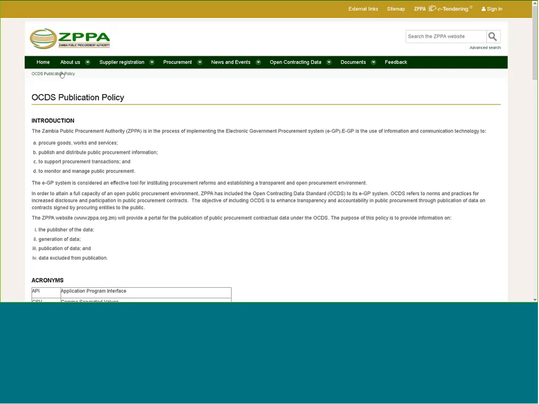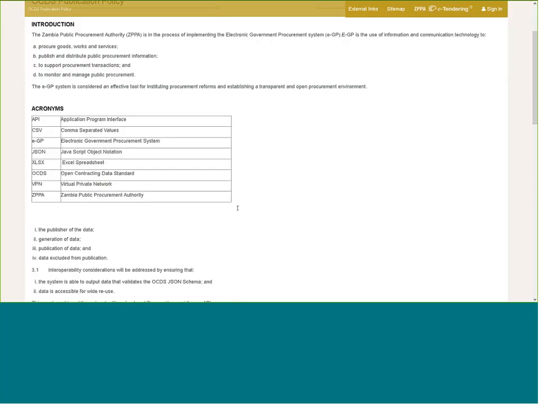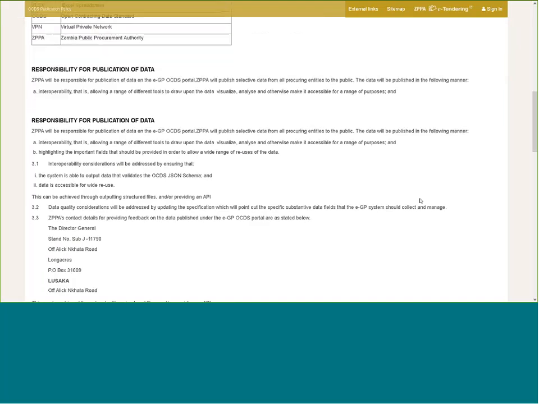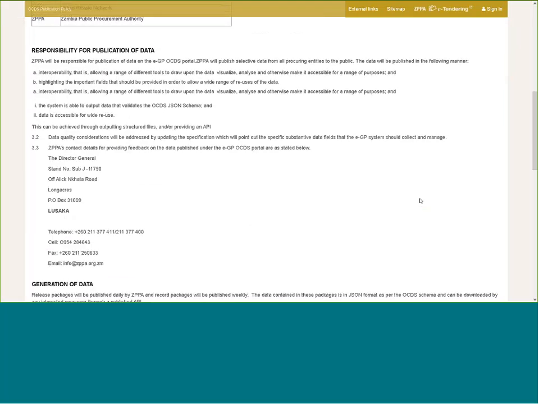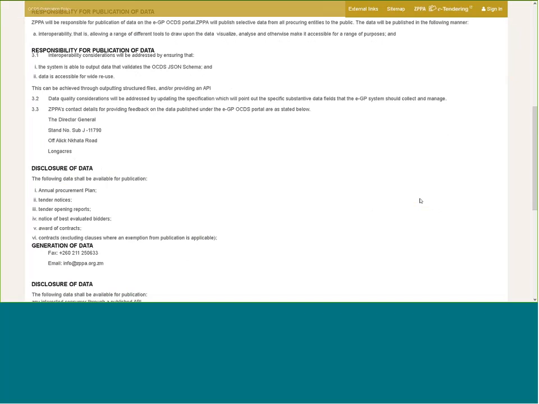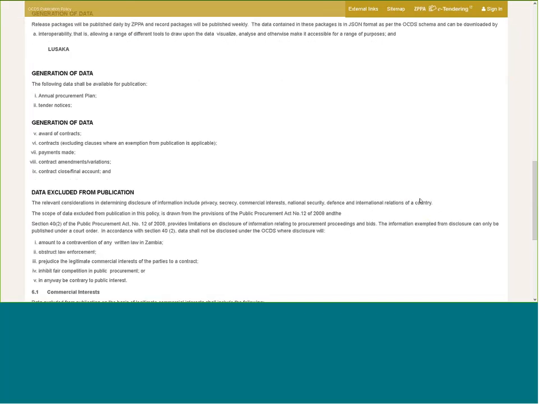So we followed the OCDS publication guidance for the policy, as well as the two legal frameworks we have locally in Zambia.